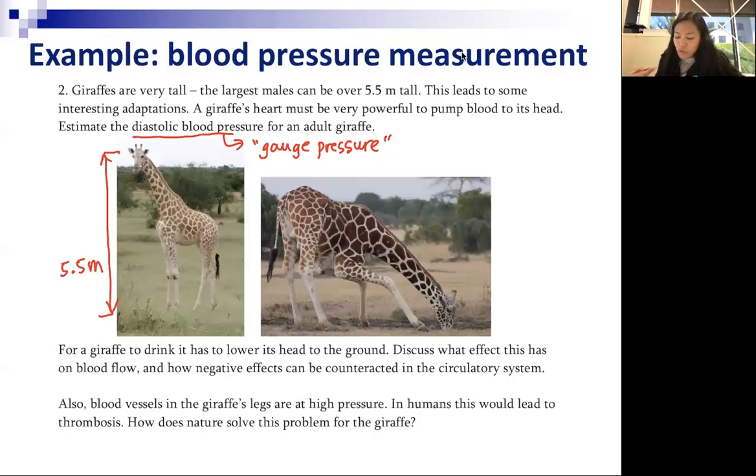Okay. So the giraffe's heart is in its rib cage, somewhere around here. So that's the giraffe's heart. And we want to know how powerful, we want to know the diastolic pressure for the giraffe to pump blood from its heart to its head. Okay, we can approximate the heart to be approximately midway.